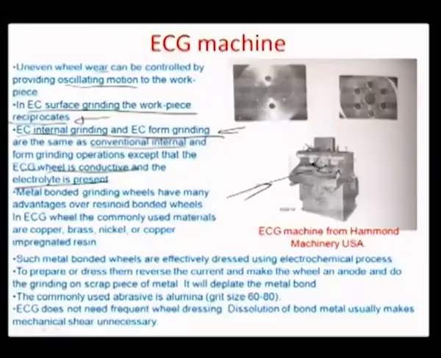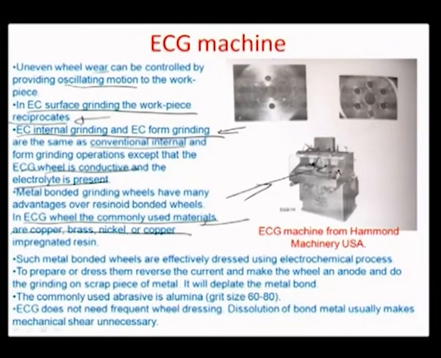So the ECG wheel commonly uses materials that are copper, brass, nickel, or copper impregnated resins for the purpose of making the grinding wheel. And such metal bonded wheels are effectively dressed using the electrochemical process. So there does exist a dressing option here, but it has to be used very infrequently.